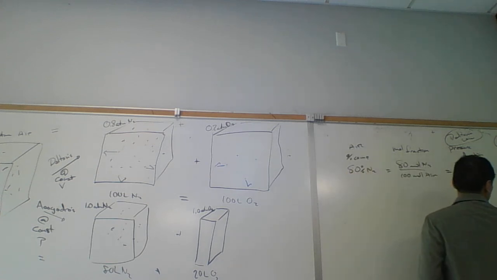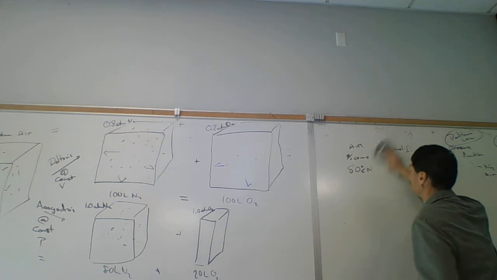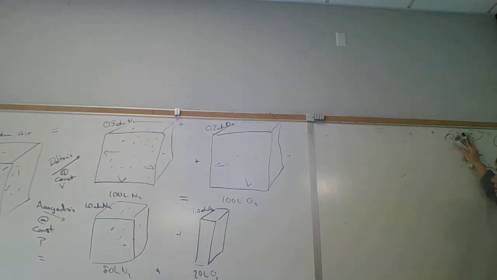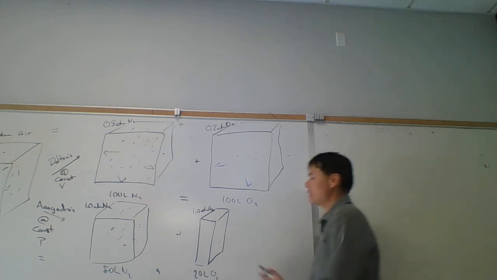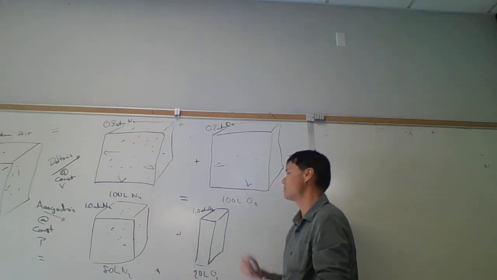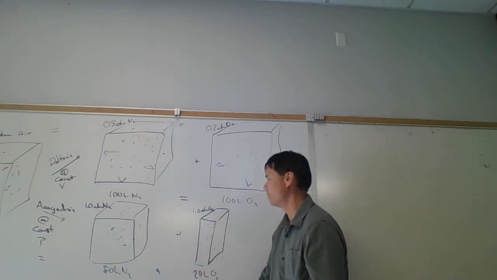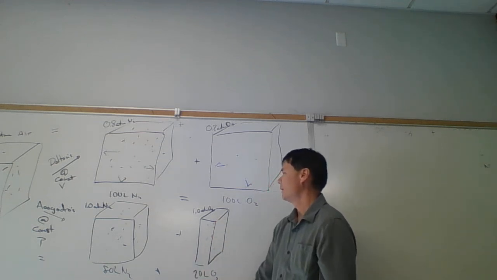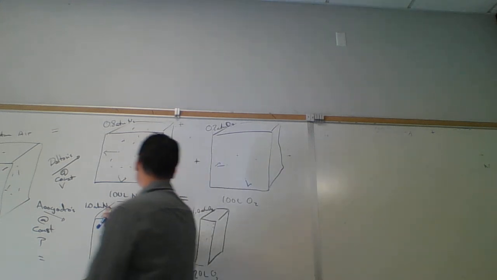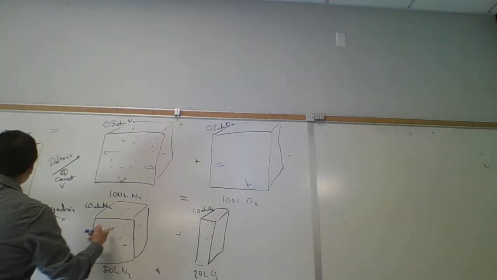I don't end up with 2 atmospheres, I end up with 1 atmosphere. Why is that? Because I'm not crushing these into the same box. I'm just going to put the boxes side by side, and so the total volume will grow here.